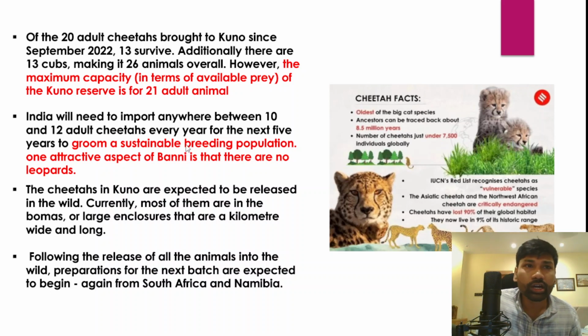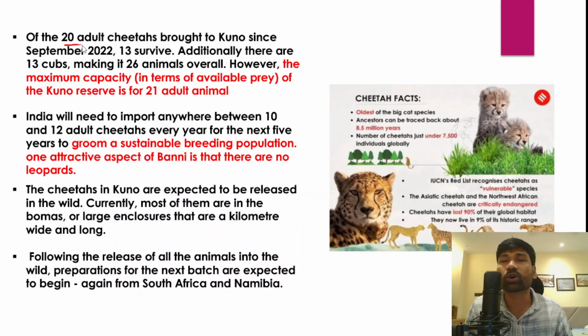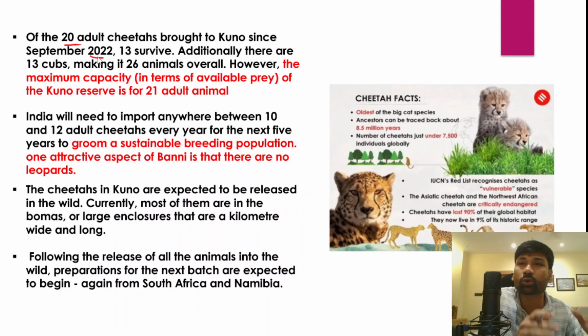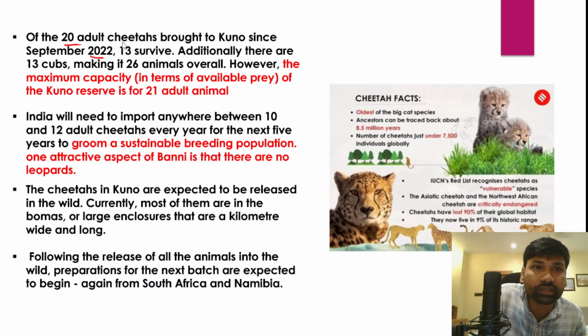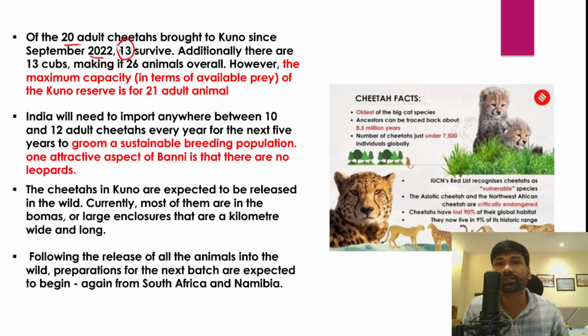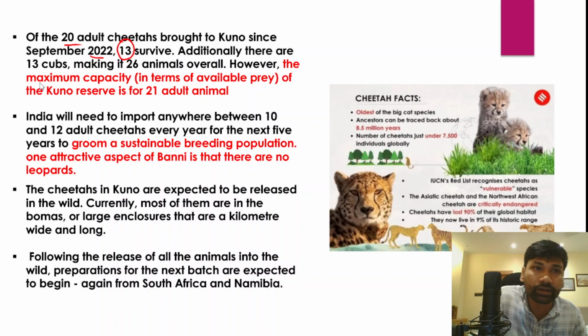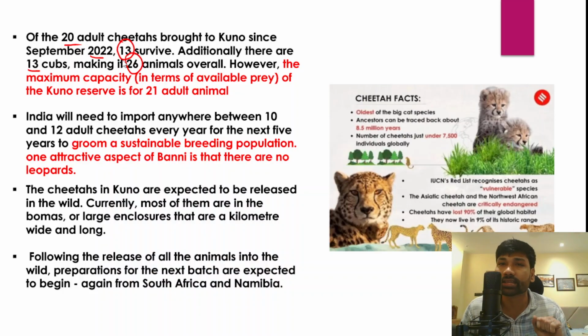Now, as of now, 20 adult cheetahs have been brought into Kuno since September 2022. Out of 20 adult cheetahs, 13 adults survived, and additionally there were 13 new cubs, and therefore the population of cheetahs reached 26 animals in India. So we could say it is a partial success, because we introduced 20 cheetahs and the population has become 26 as of now.